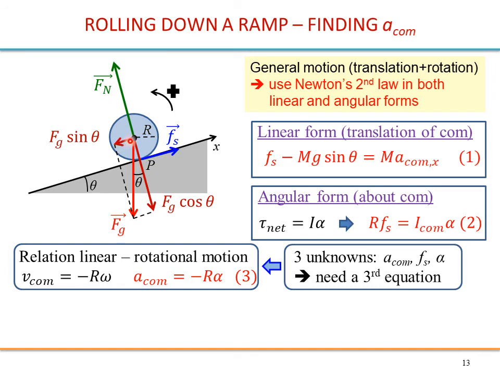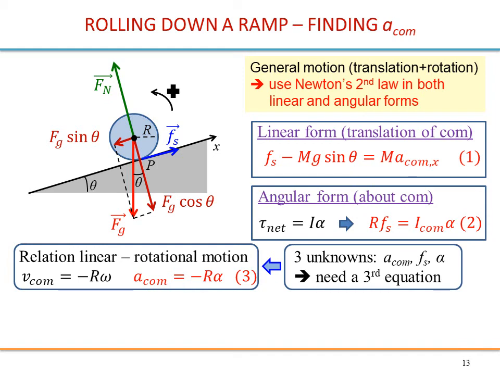But Vcom is a vector, and it is along this axis x, and the positive direction for the axis is up, but Vcom is oriented down because the wheel is going down. Therefore, we need this minus here for the magnitude. So we take the derivative of Vcom, and we get acom equal minus R alpha.